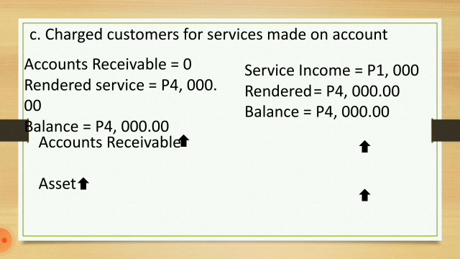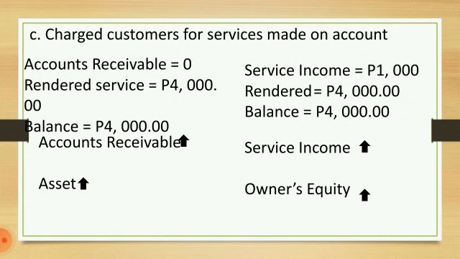So what's the balance of your service income now? This is actually 5,000. So 4,000 plus 1,000, that's 5,000. Let's analyze the effects of the transaction. Your service income increased, and which major account does service income belong to?